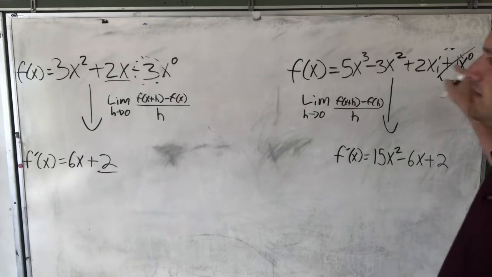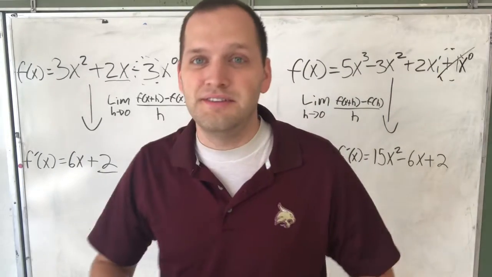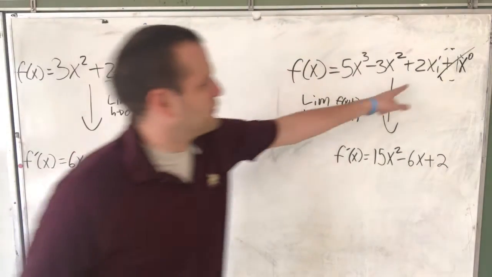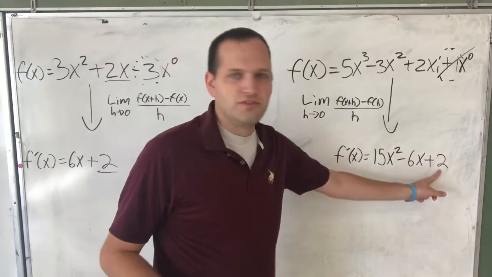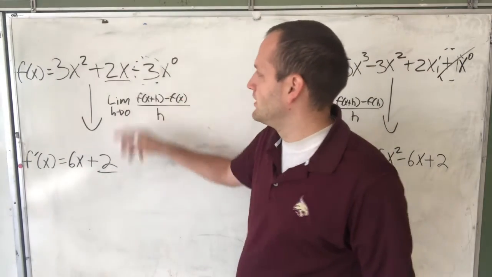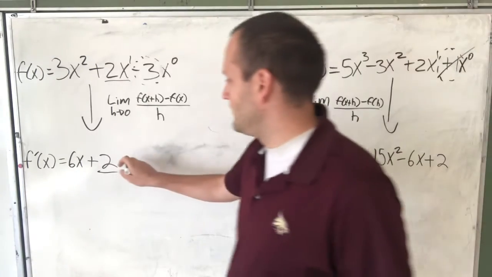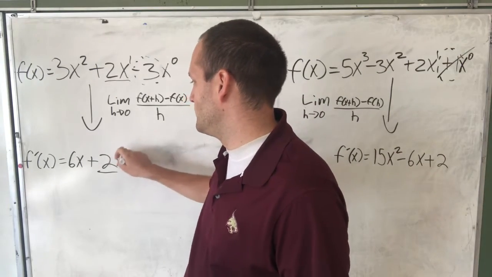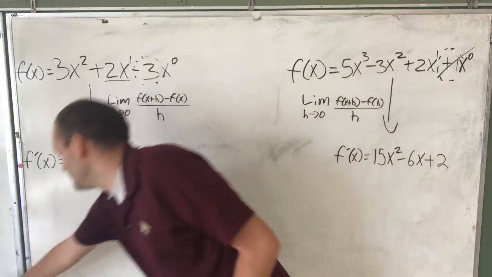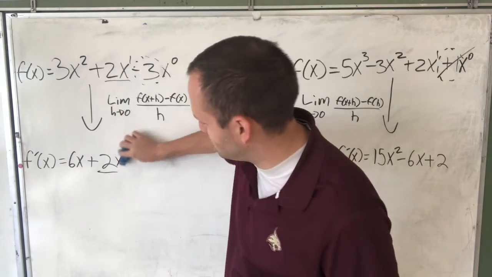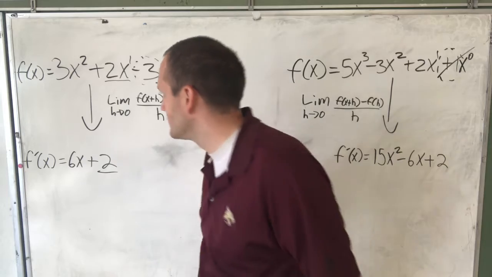So anything that doesn't have an x has disappeared. Anything that had one x just lost the x. That was x to the 1, and now it's technically x to the 0, because anything to the 0 power is just 1, and 2 times 1 is just 2.